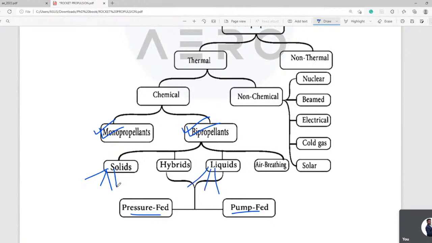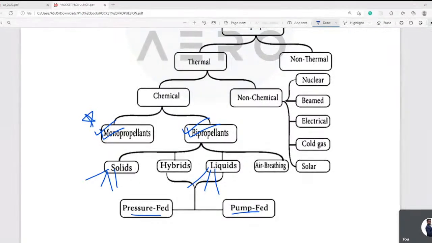So just have an outlook on it. They don't ask much, but definitely prepare the different types of propellants that they use, because they will ask.